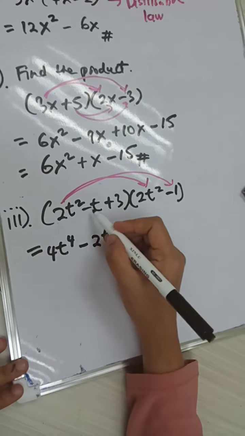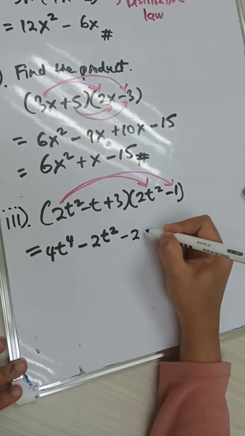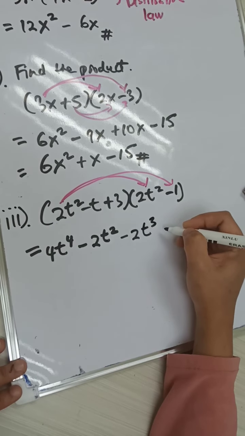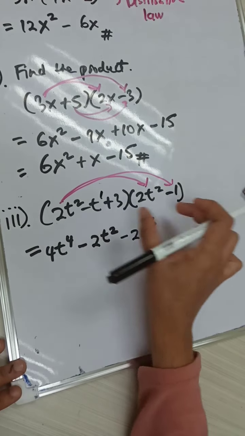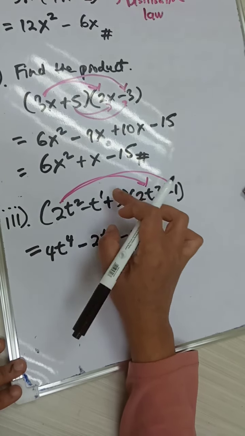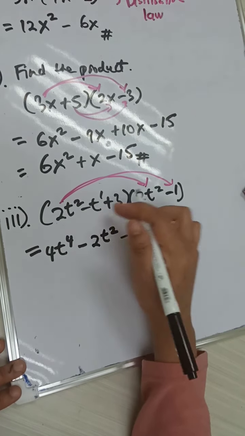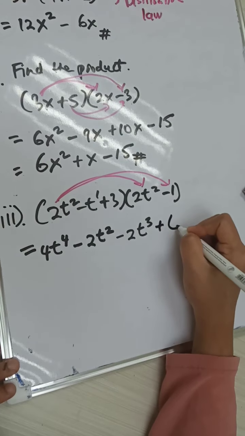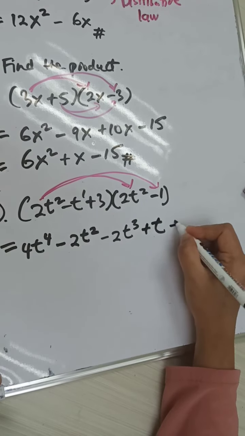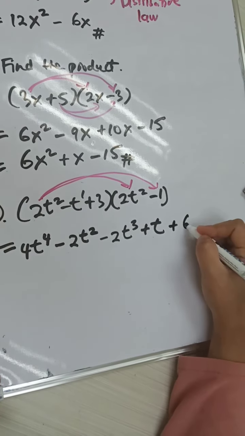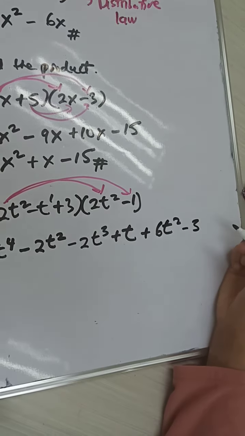The second one, we get negative t multiply 2t square is negative 2t power of 3. Okay, because of here we have 1. When we multiply the same base, the exponent we just add, so we get power of 3. And then negative multiply negative, we get positive t, the second one. And then for the third term, plus 3 multiply 2, so we get 6t square minus 3.